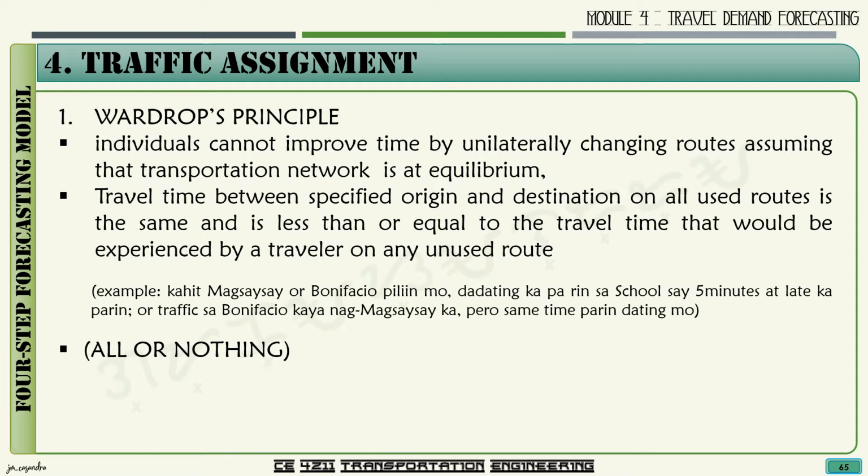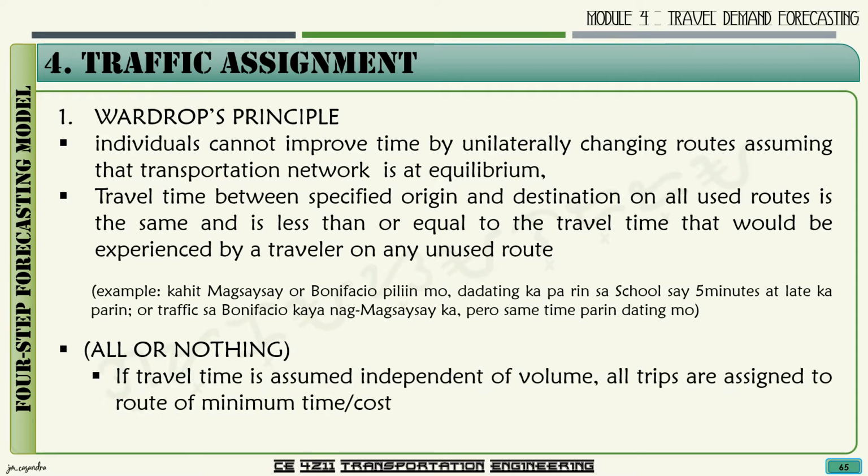So, this is also known as the all or nothing principle. It means if travel time is assumed independent of the volume, all trips are assigned to a route of minimum time and cost. So, ibig sabihin, in all or nothing, if we have, for example, 2 routes to choose from, we will choose the route with the least time to arrive or the minimum cost to reach your destination.